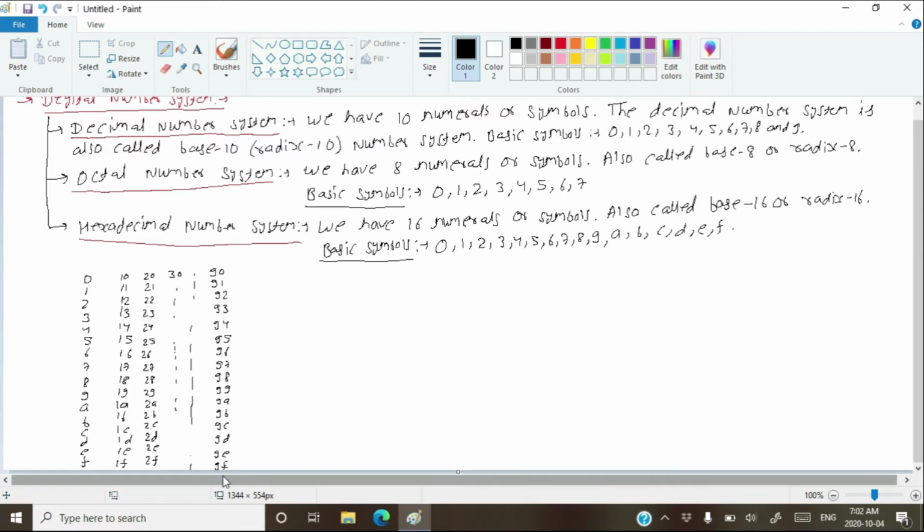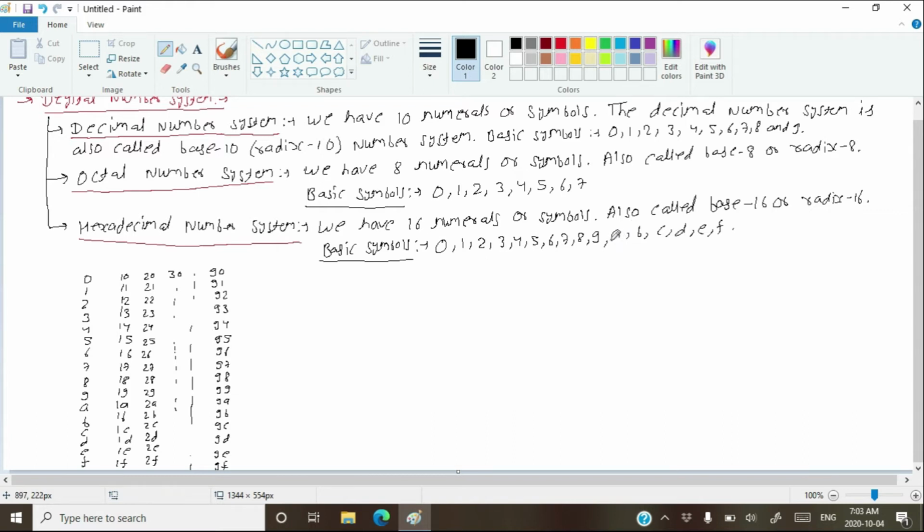So we are done up to 9F. Okay, and when you reach 9F, we have to do the next counting, and we will have to proceed our number with another symbol after 9. What comes after 9? After 9 it comes A.